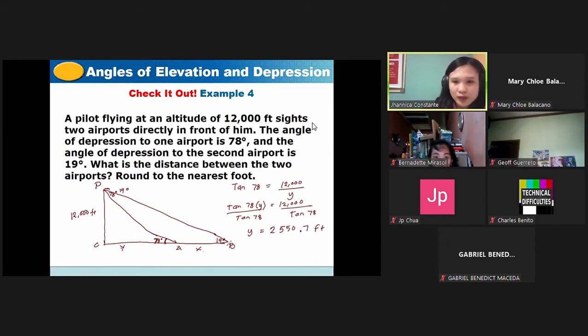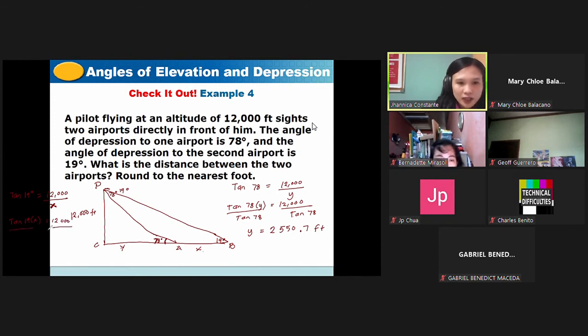So let's solve for the distance of the second airport to the plane. So let's solve for x. So tan 19 degrees equals 12,000 divided by x. That stands for the distance between the plane and the second airport. So tan 19 times x equals 12,000.